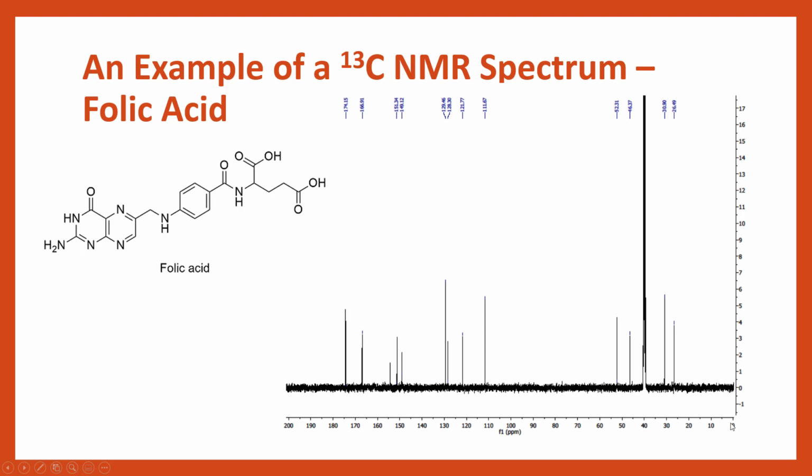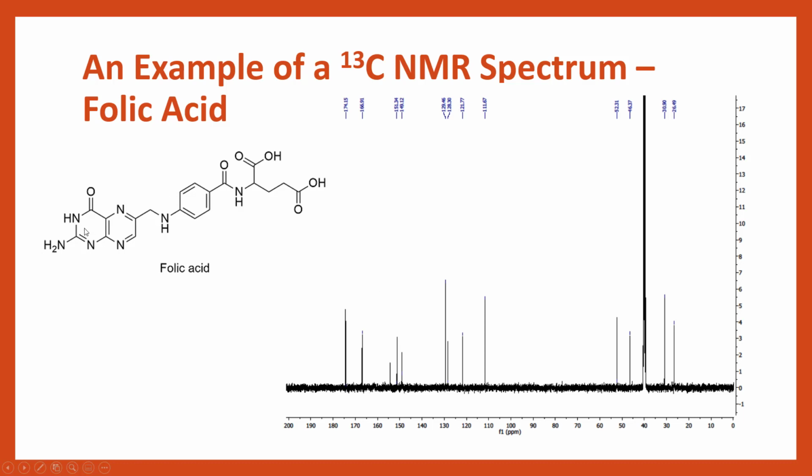Up here, between 10 and 60, you're going to find just your alkyl groups, so CH2s and CH3s that are not bound to any particular electronegative groups. You're still going to have an aromatic region, and you're going to have the region where you have carboxylic acids and amides. Those regions still hold up from our proton NMR.